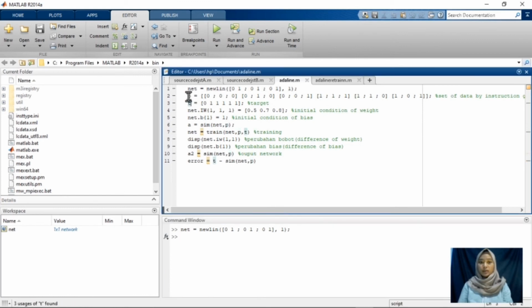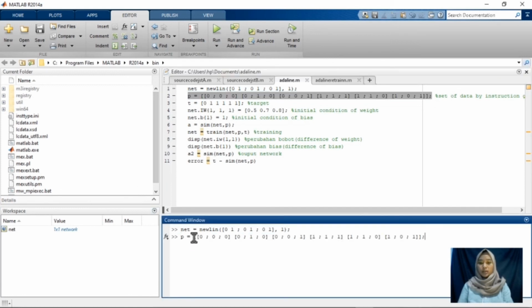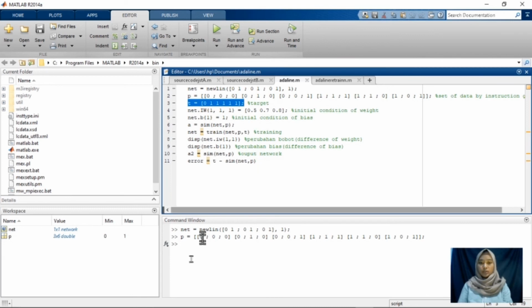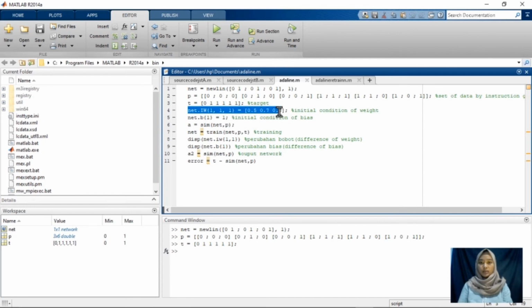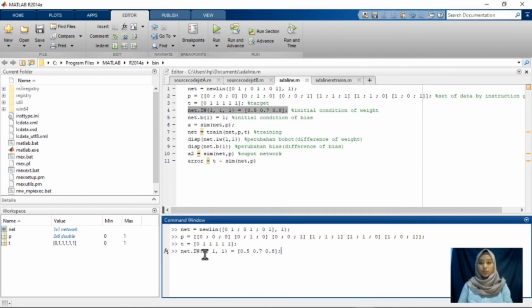And then we input the dataset and the instruction given. This function is to determine the target, and this function is for the initial condition of weight: W1 is 0.5, W2 is 0.7, and W3 is 0.8.